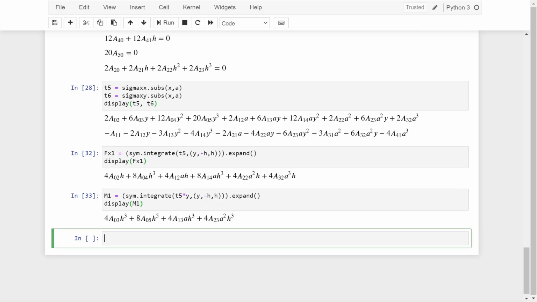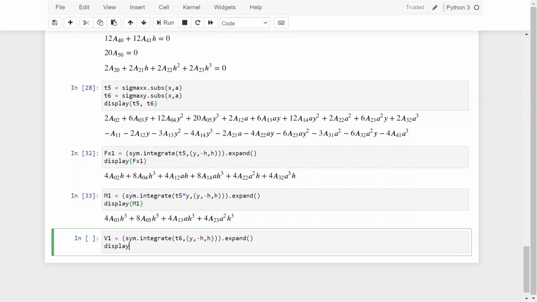We proceed in a similar fashion. We call this v1. Again, expand. We write this beforehand so there is no trouble later on, and then sim dot integrate T6, integration with respect to y from minus h to h, and we can display this also.